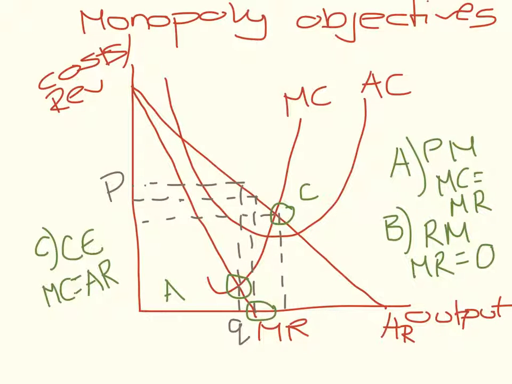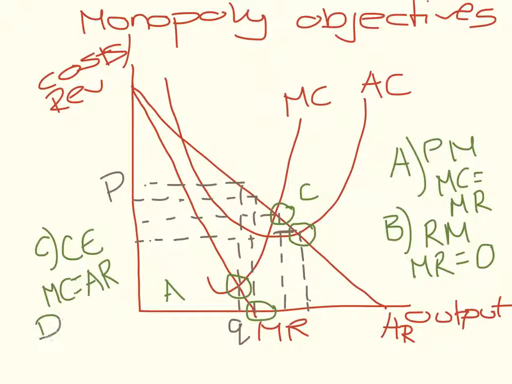And then lastly, the last point I want to show you is this point here, where average cost equals the average revenue. Now, you can use this point to illustrate two things actually. Okay, so they'd be setting the price there, and they'd be setting the quantity there.